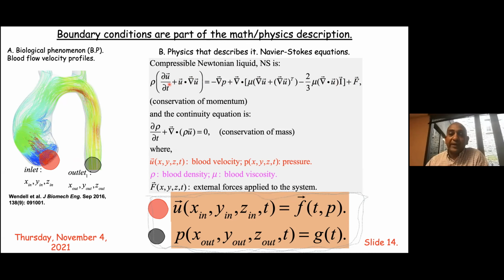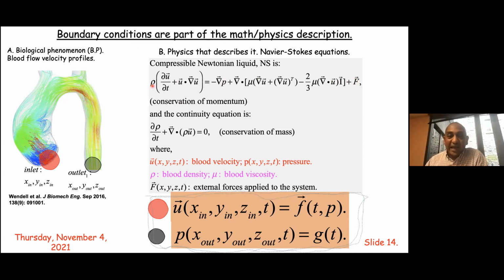So this row here is essentially a balance of forces, of different kinds of forces. For example, here, the first term after the equal sign is the force term due to the pressure. This last term here is a forcing term that, say, for example, an assist device might apply. Okay, and so this Navier-Stokes equation is essentially a conservation of momentum, a balancing of forces equation.